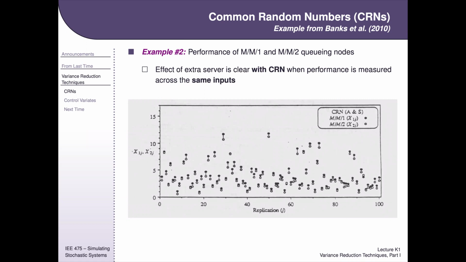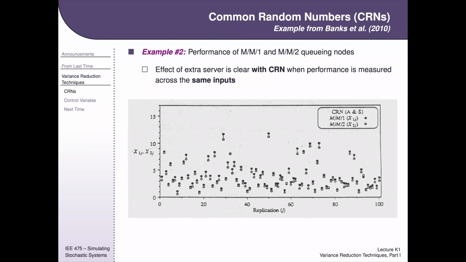I can say that, yeah, up here maybe this was a particularly problematic set of customers, but it's going to affect both of them. Both of them fairly get that terrible set of customers, and they both have a higher wait time or whatever this performance variable is. But there's still a consistent difference here, where I hope you can see the open circles are almost always below the closed circles.